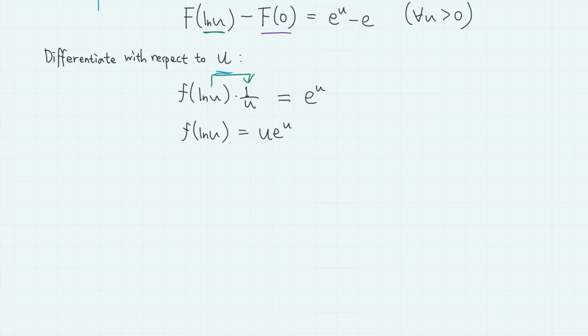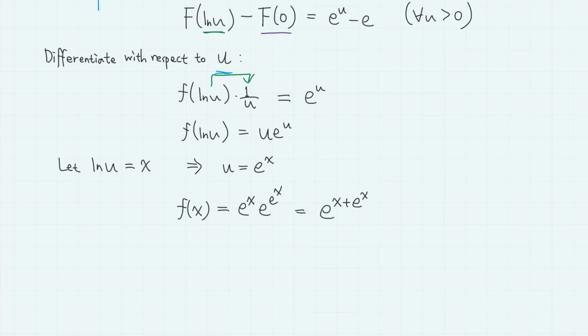In order to obtain f(x), we simply make a substitution ln u equals x. This gives u equals e to the power of x, so we have f(x) equals e to the power of x times e to the power of e to the power of x, which can also be written as e to the power of x plus e to the power of x.